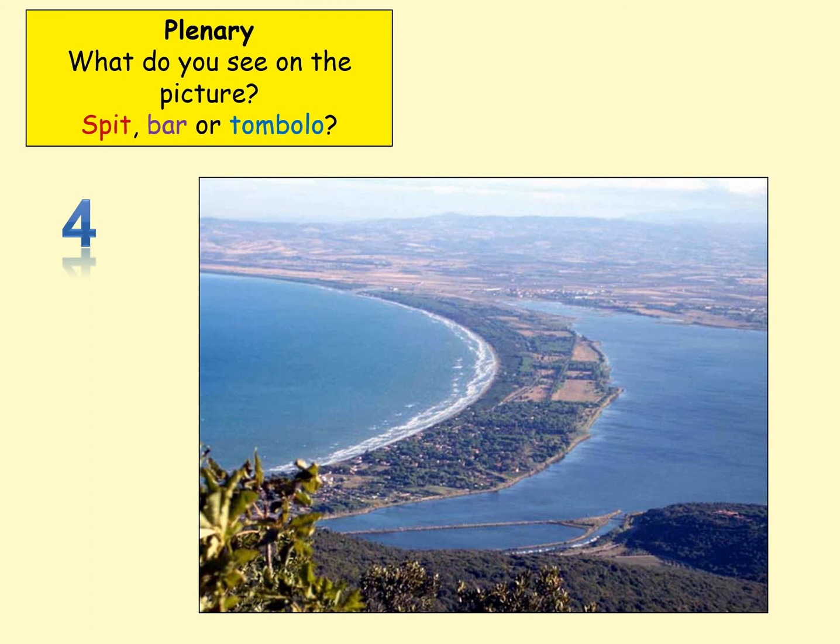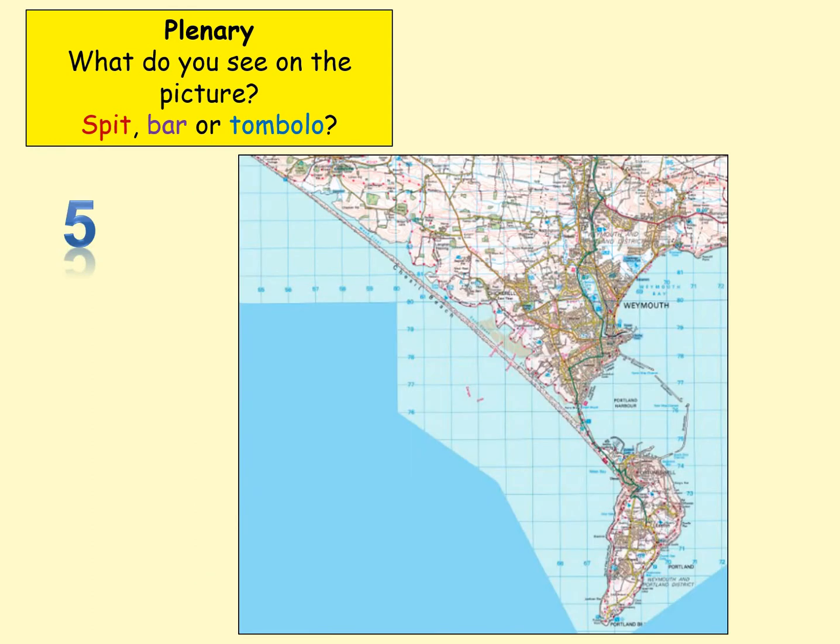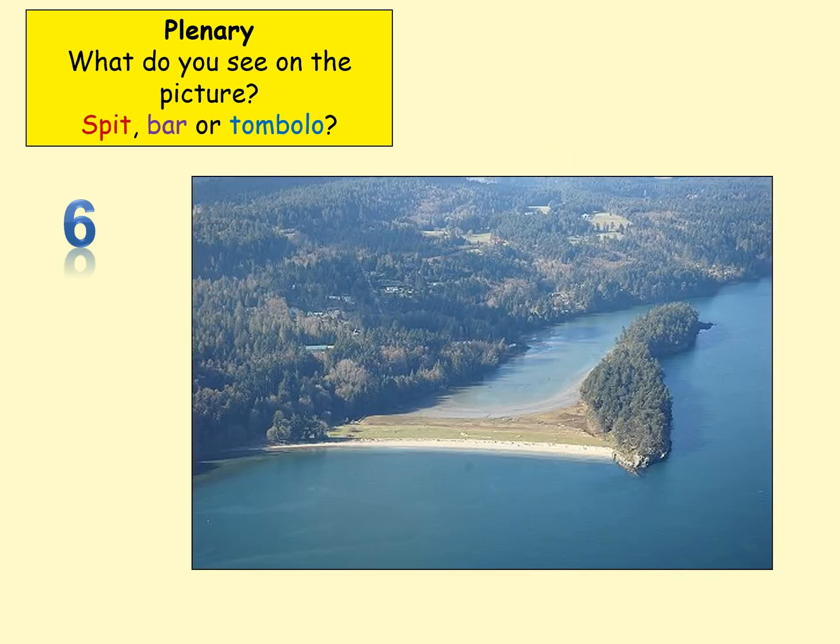This one here again, you can see a bar formation. And here you can see a tombolo because we're adjoining to an island off of the end. And lastly, another tombolo that you can see there because that deposition has come to an end because of an obstacle in the way. Very well done, everyone.